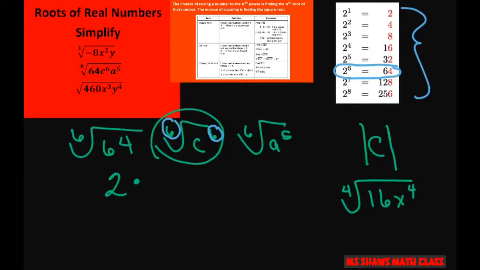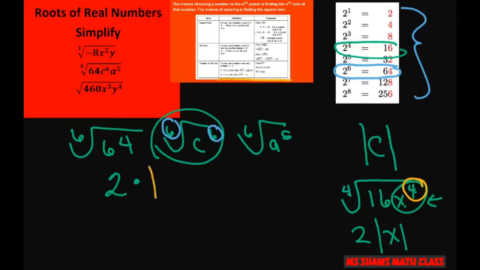So the 4th root of 16 is just going to be 2. And when you take the 4th root of x to the 4th, you get x. But since this is even, any number you put in here is going to be positive, so you can't just leave the x, you have to put absolute value. So if you're going from an even number for your power and you reduce it to an odd number, you have to do the absolute value. So it's kind of right there.